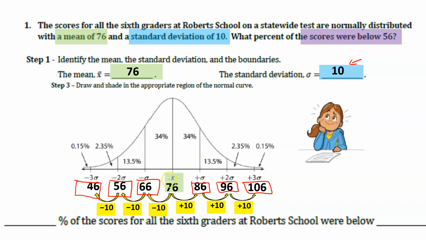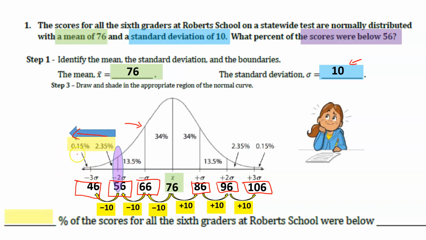So the question's asking, what percent of the scores are below 56? Looking at the numbers here, go ahead and find 56 and draw a circle on it. You'll notice 56 is right here. What are some scores that are below 56? Would that be scores on the left or scores on the right? That would be scores on the left. So we're going to add up these percentages. Go ahead and take a moment and do that now.